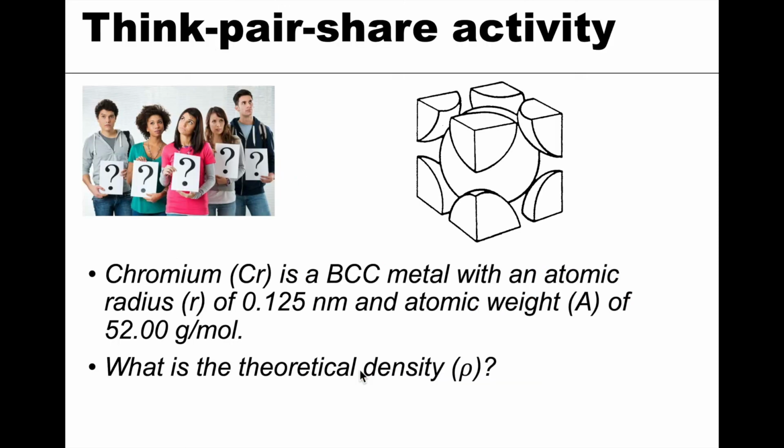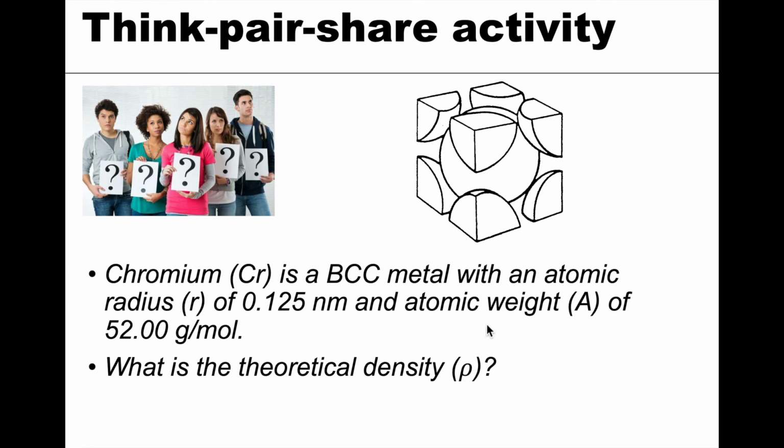All right, so let's go ahead and do this, right? I'm going to start you off with an example and see how well you do. So this will be on the quiz. This is BCC, chromium Cr is a BCC metal. So I put the picture back up there for BCC. I've given you the atomic radius here, and also the atomic weight, so you don't have to look it up from the periodic table.